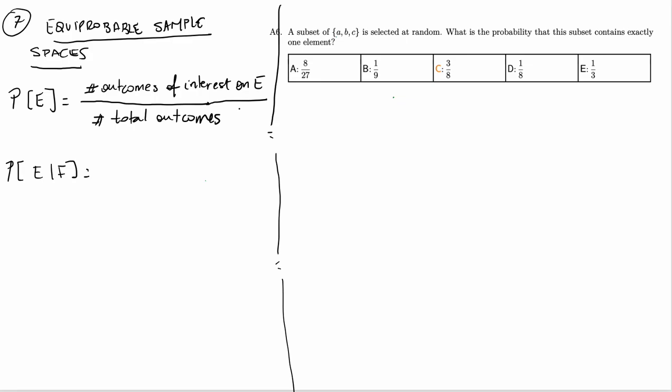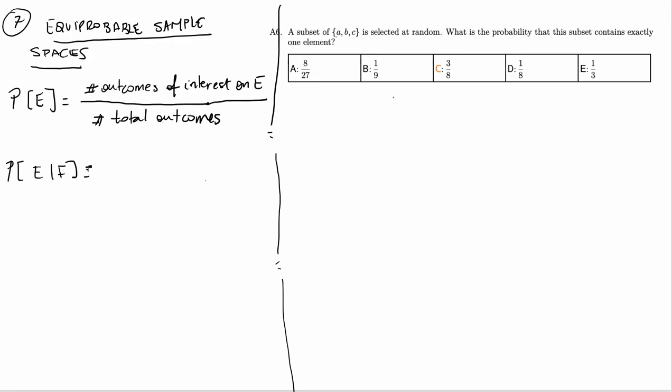What's the probability that you get a particular piece of pizza? Well, if you have 8 slices of pizza and just one interests you, the probability of getting that particular slice of pizza is 1 over 8. Okay, or one particular event of interest over the number of total possible outcomes, which is 8. Okay? So this is what we learned about equiprobable sample spaces, and that's how we will calculate probability here in this course.